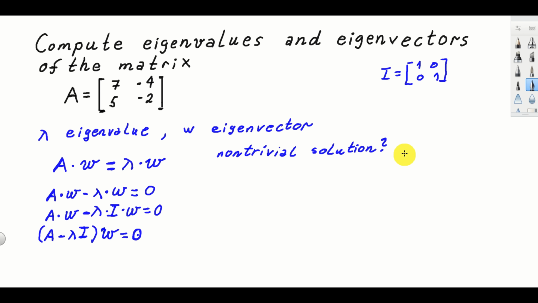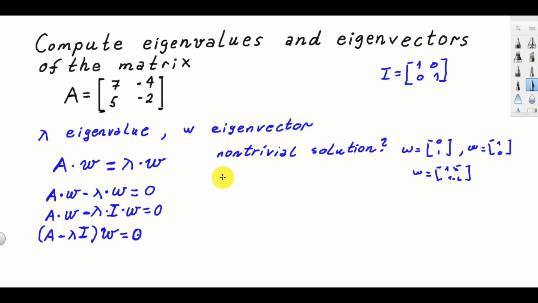For example, W can be 0, 1, or 1, 0, or any number instead of 1 over here, or it can be fully populated. For example, 1.5, 1.6. So these are the non-trivial solutions. That is, W has at least a single non-zero entry.